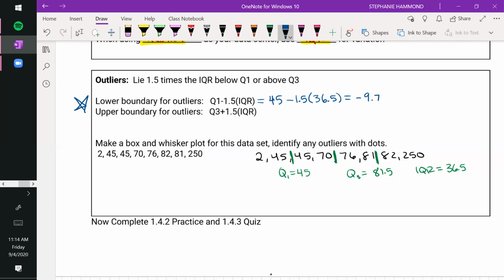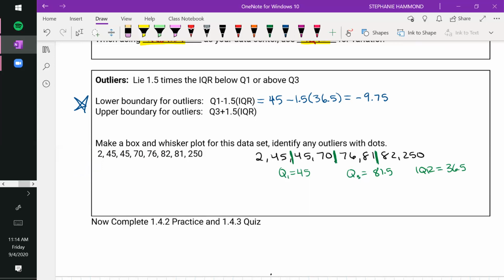So what that means is that any outliers on the lower half of my data set are going to be less than negative 9.75. I can see here in my data set that my minimum point is 2. So I don't have any data points that are less than negative 9.75. So there are no outliers on the lower half of this data set.